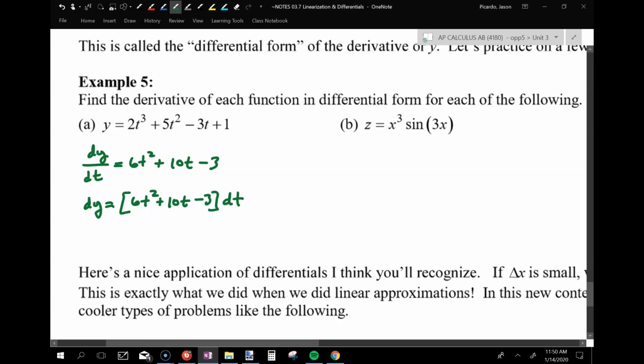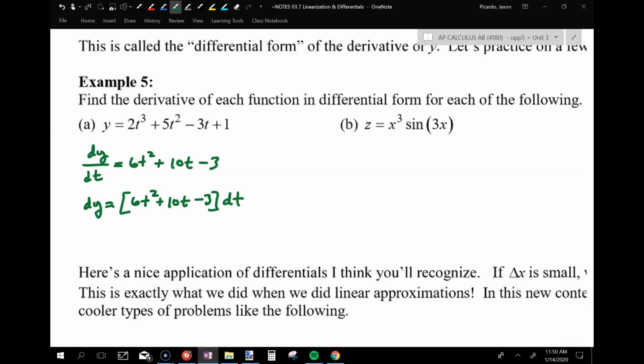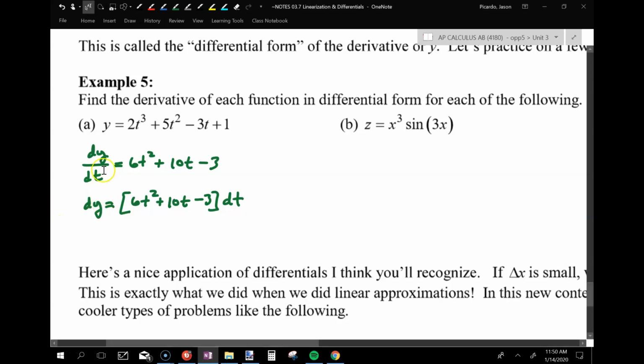Any reason why I couldn't do that? Seems legit, right? What is this really saying? It's saying the way y changes is the same as the derivative times the way t changes. Okay.